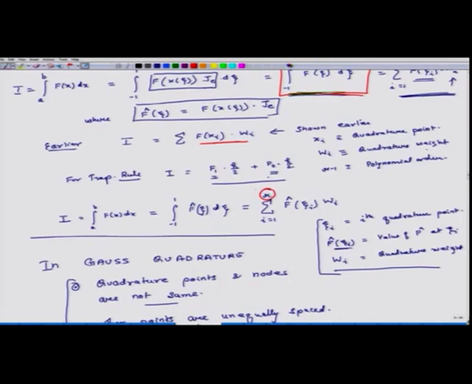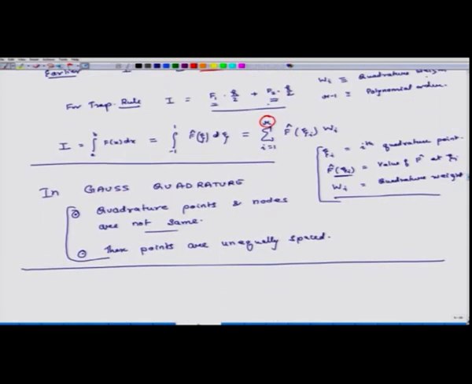As R changes, the integration becomes more and more accurate, and if R exceeds a particular value, then it becomes exact. We will see that. First, we will look at this table.